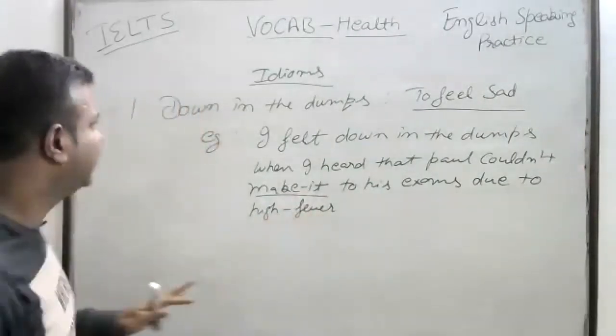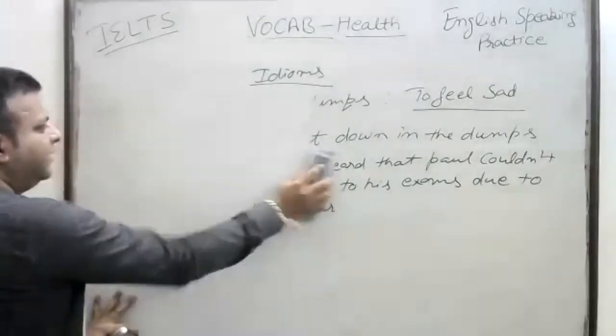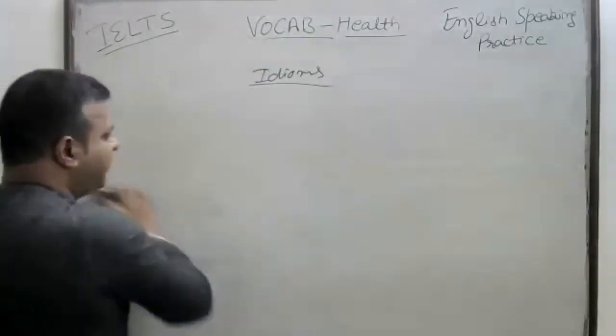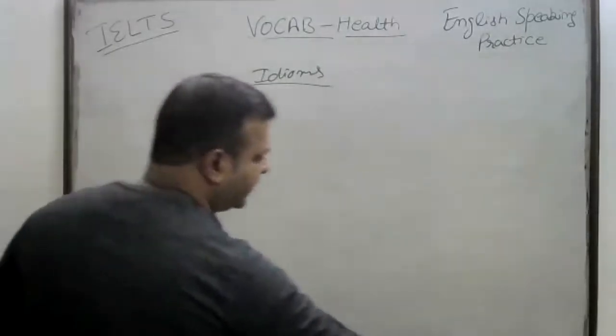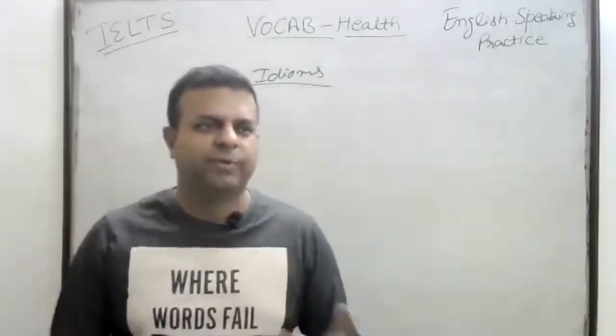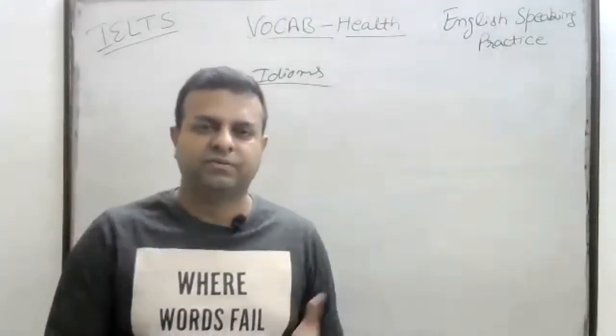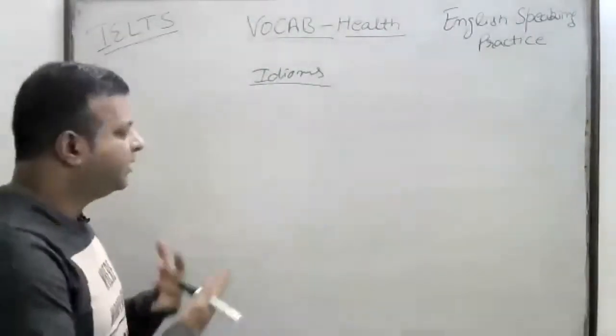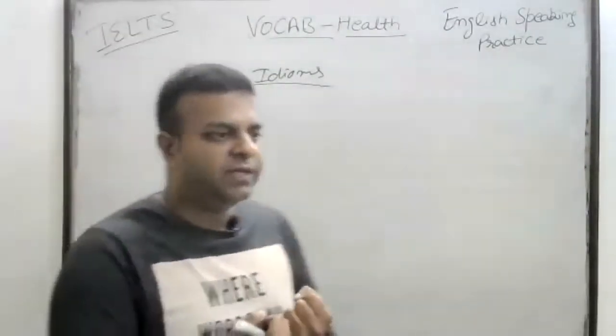I hope this one's clear. Number one, to feel sad. Whenever something happens, you feel sad. Whenever in life you need to say that I felt really sad, like sadly this thing happened, you can say, oh my God, I fell down in the dumps. I'm really feeling down in the dumps.